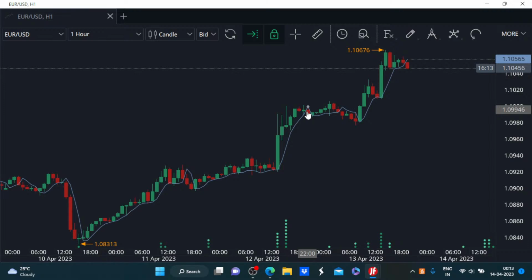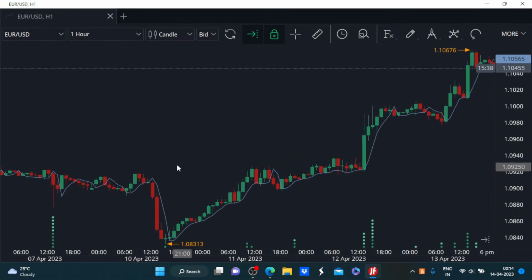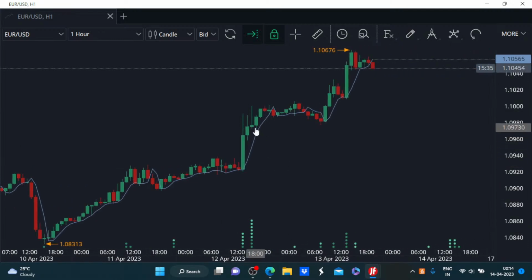So when the underlying instrument goes into a downtrend, we will have this plotting on the higher side, with the computation being done using the highs of the last three candle periods. When it is trending up, the lows of the last three candle periods are used, and when the momentum is bearish, the highs of the last three candle periods are used to compute the Gann High-Low Activator.